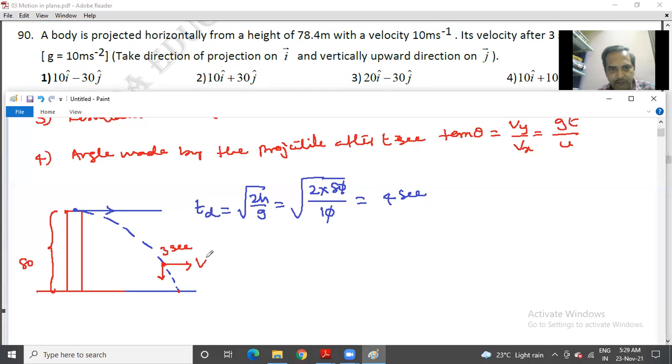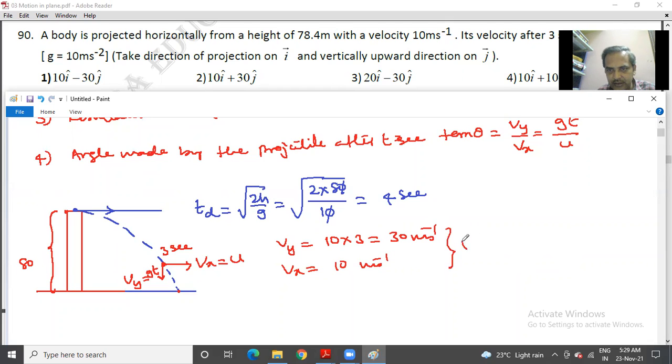Now Vx is equal to u, Vy is equal to gt. Vy is equal to gt means 10 into 3 seconds, so it will be 30 meters per second. Vx will be the initial velocity, 10 meters per second.